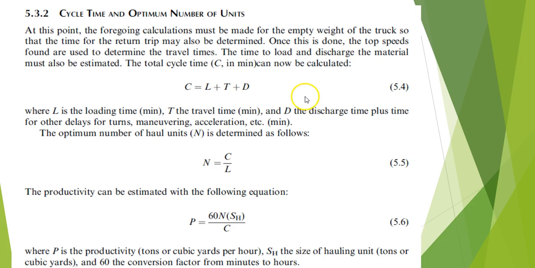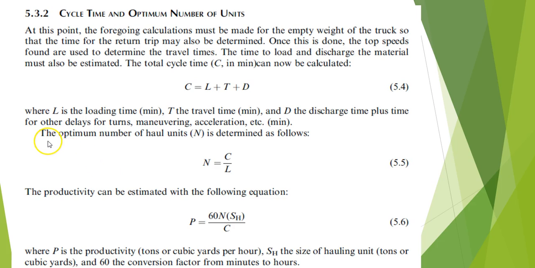Plus there may be some other time, again, for maneuvering the truck around, just lost in travel, that you're going to add. A loading operation on a construction site isn't going to be a smooth operation. So again, L is in minutes, T is travel time in minutes, D is in minutes.